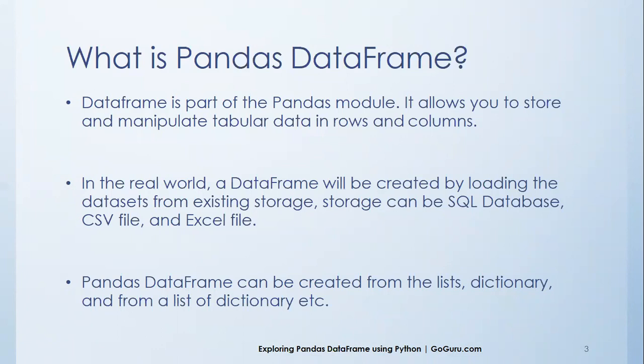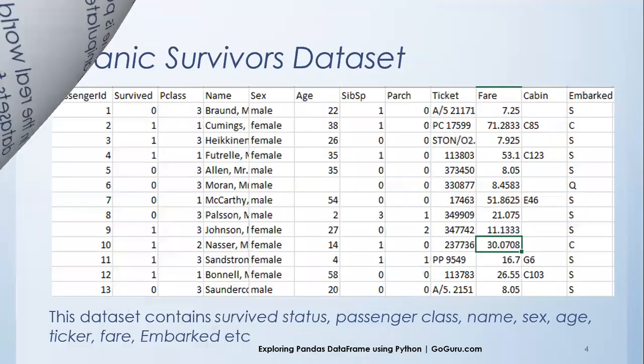So there are a number of ways in which you have the data in one source and you load it into a data frame. And once you get it loaded, then you can start using your data as if you're operating on a database table. If you're familiar with MySQL or Oracle or other things, it is very easy. You can operate it in a similar manner. The syntax is slightly different. We'll look at how it works.